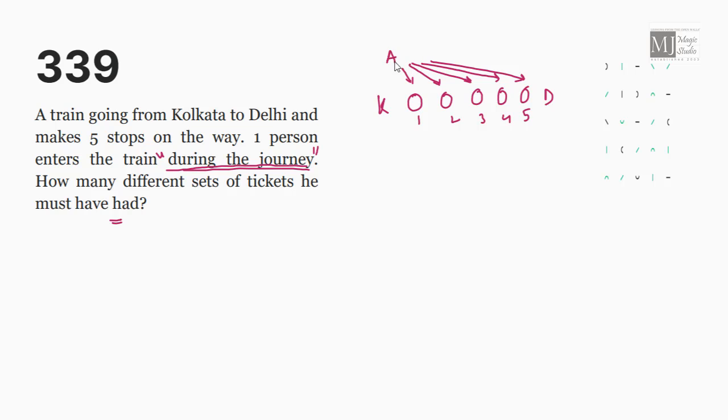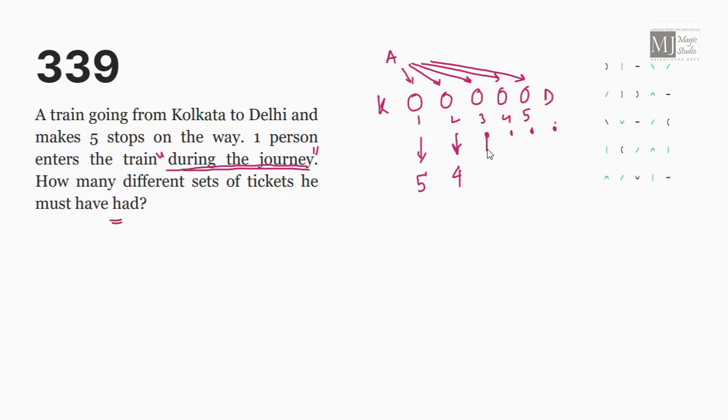Now, if we assume that he enters at station 1, he would have got a ticket for station 2, 3, 4, 5 or the terminal station Delhi. That means he may have any one ticket of these 5 stations. If he enters at station number 2, he may have a ticket for 3, 4, 5 or the terminal, 4 tickets.